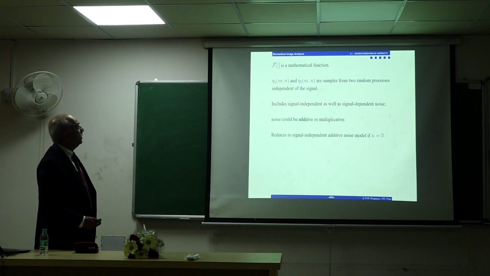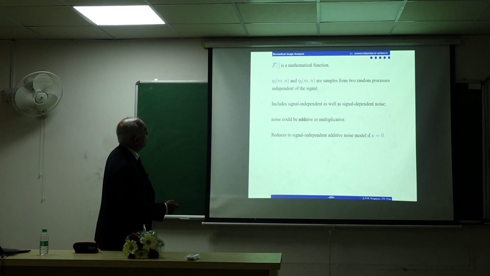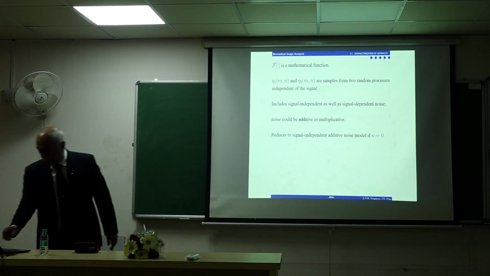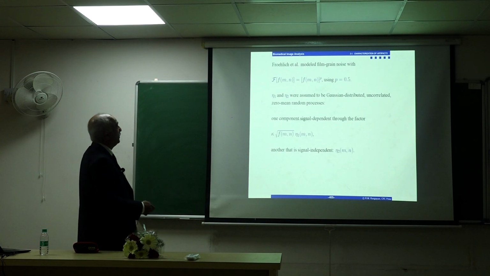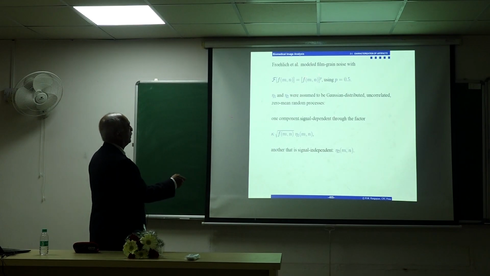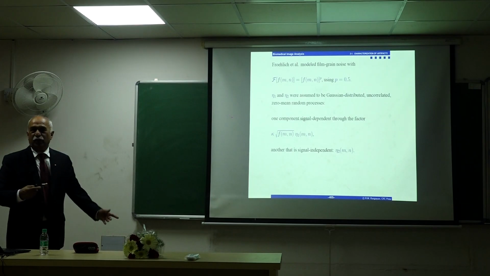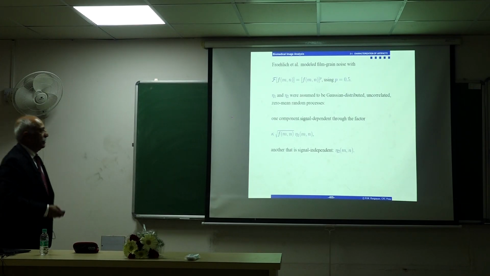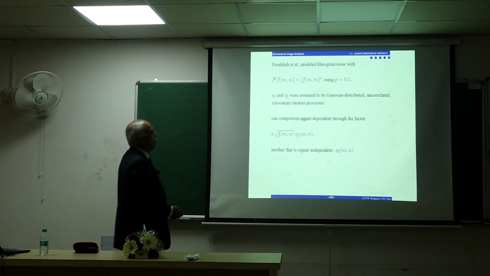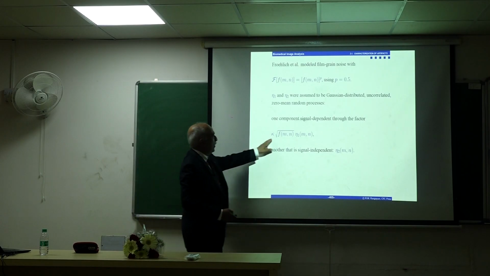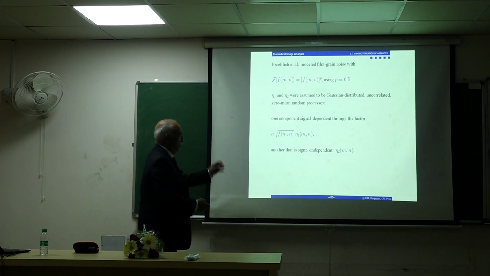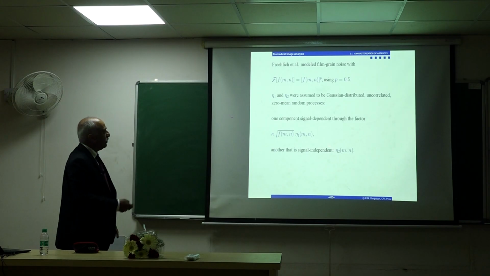I already mentioned that. One of the assumptions is to use f(m,n) to the power of p, with p equal to 0.5, so it's a square root. That's a commonly used model. So kappa times the square root of f(m,n) times eta 1, multiplicative and signal dependent.